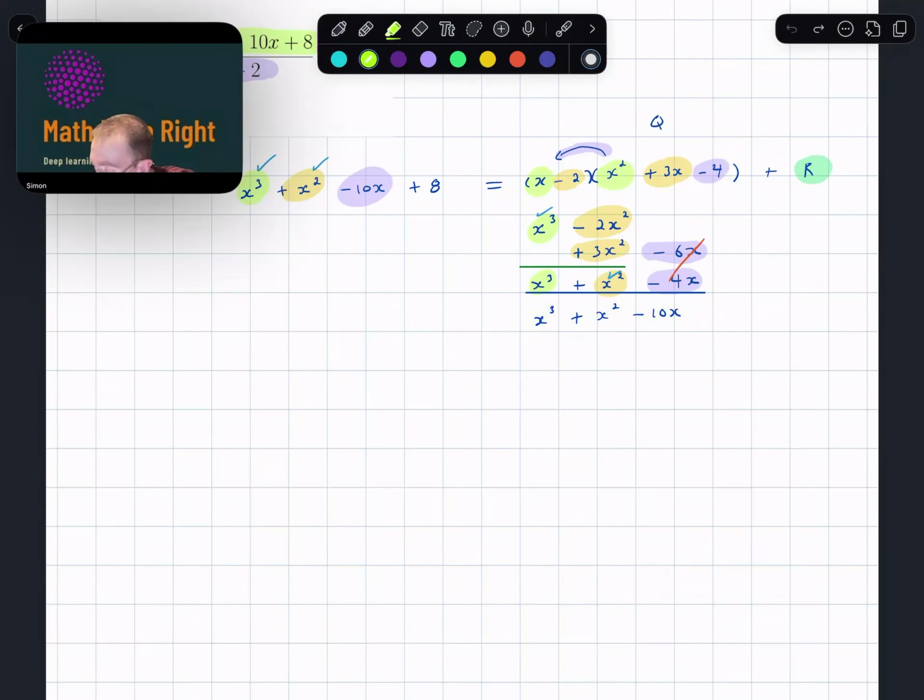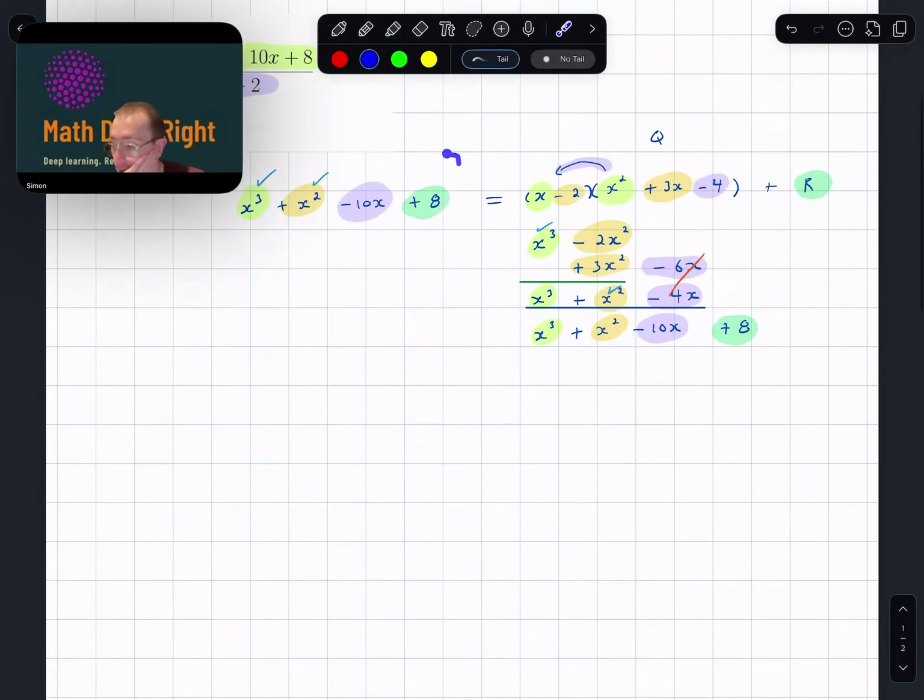And all of these, I'll keep the colors the same maybe. All of these are the output thus far of this thing. But again, we have to distribute in the negative 4. We have to multiply it by the negative 2, and we will get positive 8. We get positive 8. And is that the constant we wanted? Yes, that is the constant we wanted. So that actually shows us that x minus 2 is a factor of x cubed plus x squared minus 10x plus 8.